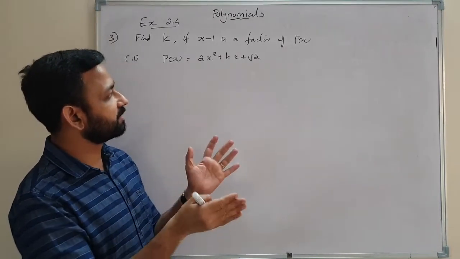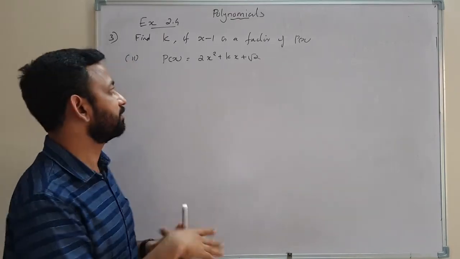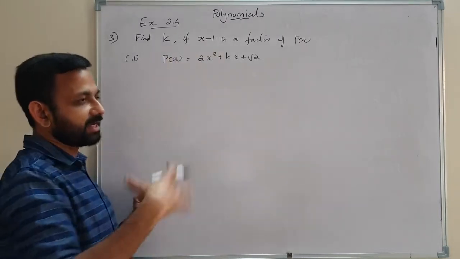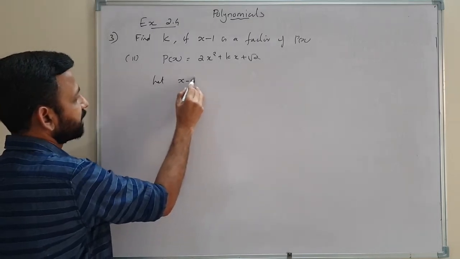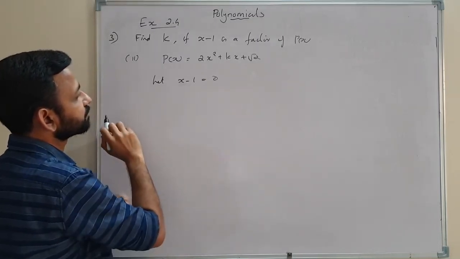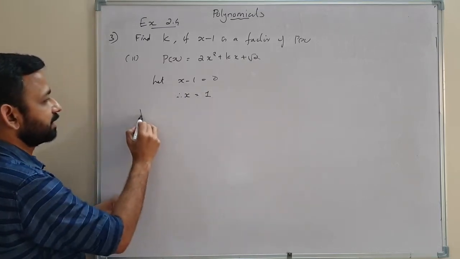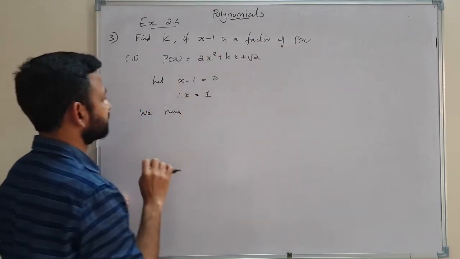If x minus 1 is a factor of p of x, then the remainder will be 0. So we can find the remainder. So this is the divisor. When we find the remainder, let the divisor equal to 0. Let x minus 1 equal to 0. Therefore, x is equal to 1.